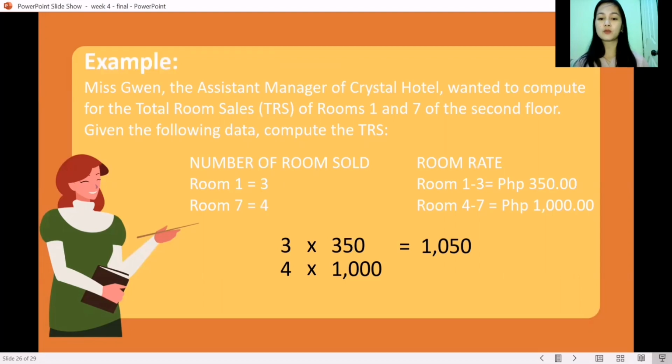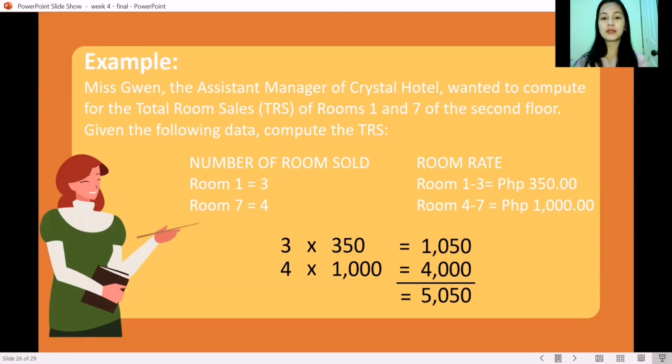So we have 4 times 1,000, and that is 4,000 pesos. So we will add the room sales of room 1 and the room sales of room 7. So we will add 1,050 plus 4,000, and that is 5,050 pesos. Meaning to say the total room sales of Crystal Hotel for rooms 1 and 7 is 5,050 pesos.